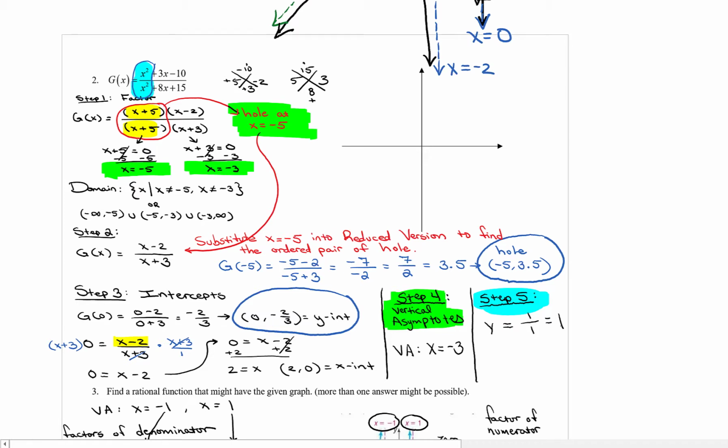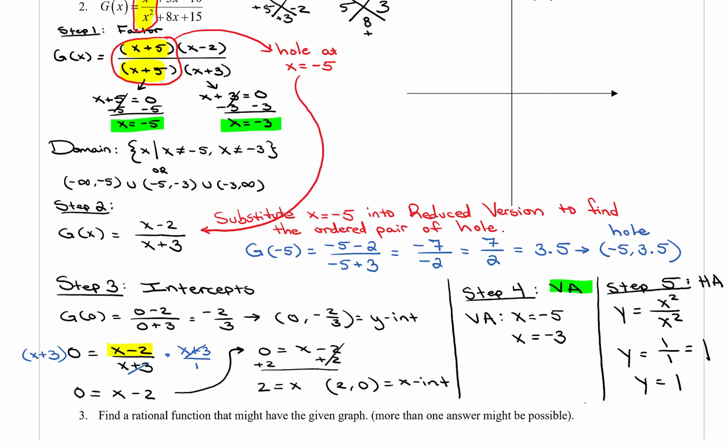I'm going to write that as a fraction, and we're just going to have y is equal to 1. So our horizontal asymptote is just y equals 1. And that's it. We're done with that part.